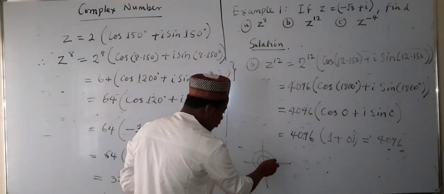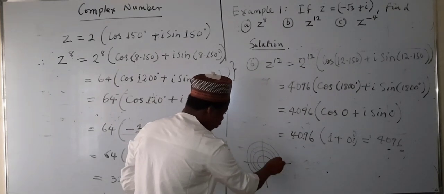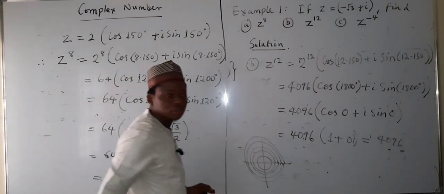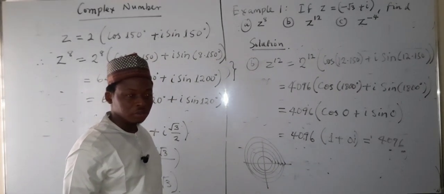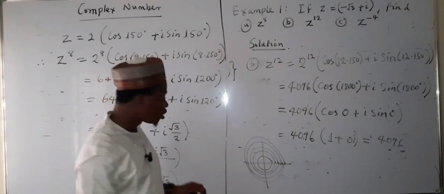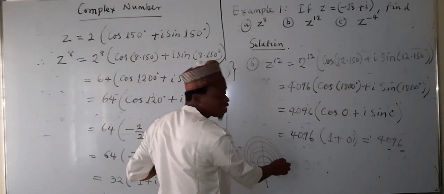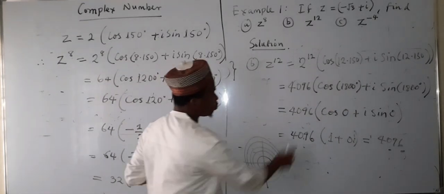Another 360, 2, 3, 4, 5. So it comes back to theta being 0. Do you understand now? It comes back here, the fifth one, which is 1,800 degree, and theta comes back to be 0.